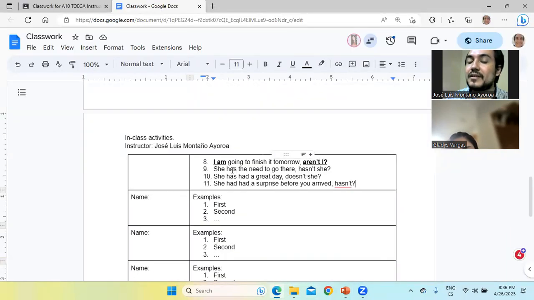So if you know that the first one is simple present, then you know that this is the verb and it's not the auxiliary. So what is the auxiliary over here? That's it, right? You were doubting. So you were right. You were doubting because you felt that it can be like this. Okay, doesn't she? Now, in number 10, if it's simple present or present perfect.